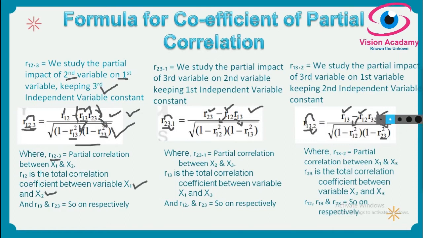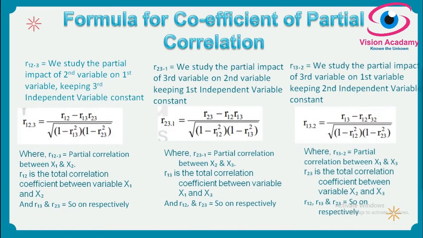So this is the basics of how to formulate the formula in the case of partial correlation. Now we have to obtain the R13.2 value, R23.1 value, and R12.3 value. To obtain the values of the respective partial correlations, we have shown you the formulas for obtaining them also.